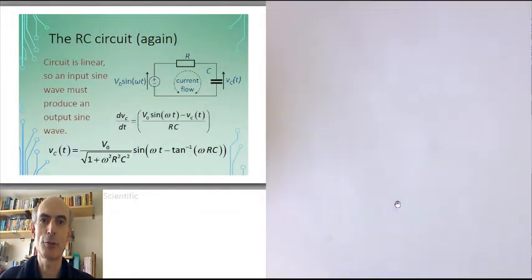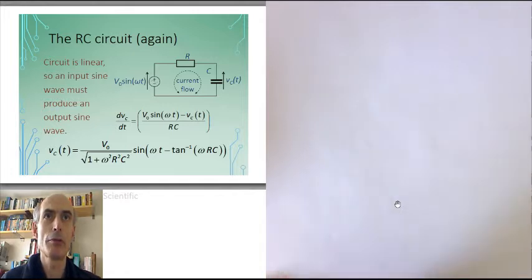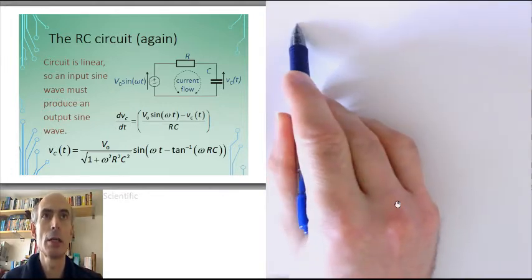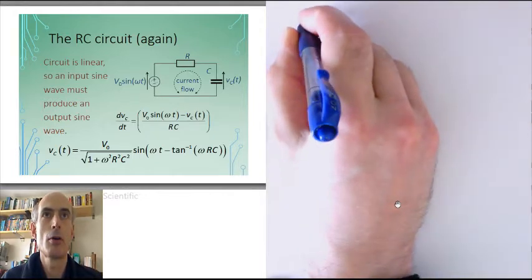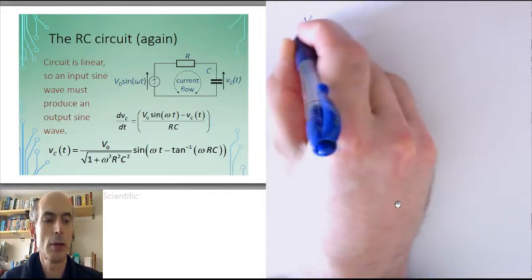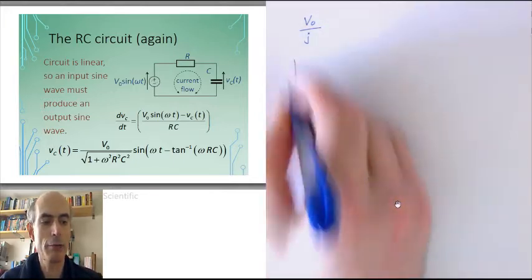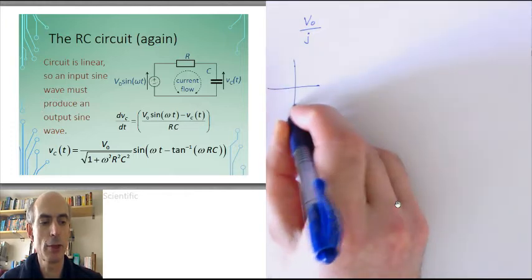The analysis looks like this. First of all, we take the voltage source and we express it in terms of a phasor. Well, the phasor that represents V0 sine omega t is V0 over j, or just minus j times V0. It has to have a phase angle of minus 90 degrees.